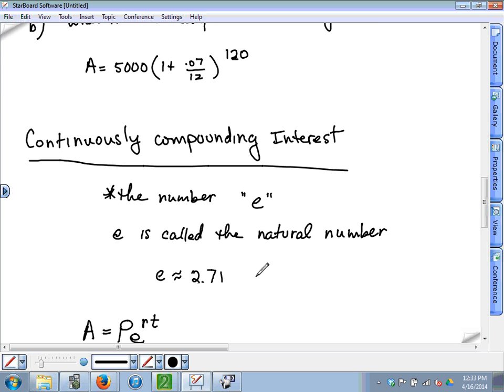It's approximate because it doesn't equal 2.71. I'm rounding it here. It's an irrational number. The decimals go on and on and on. So it has to be the wavy lines.